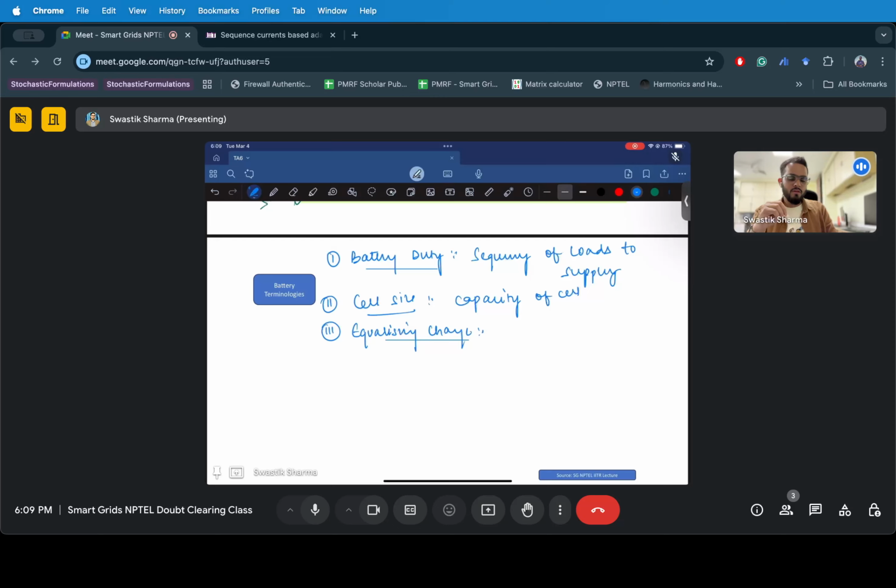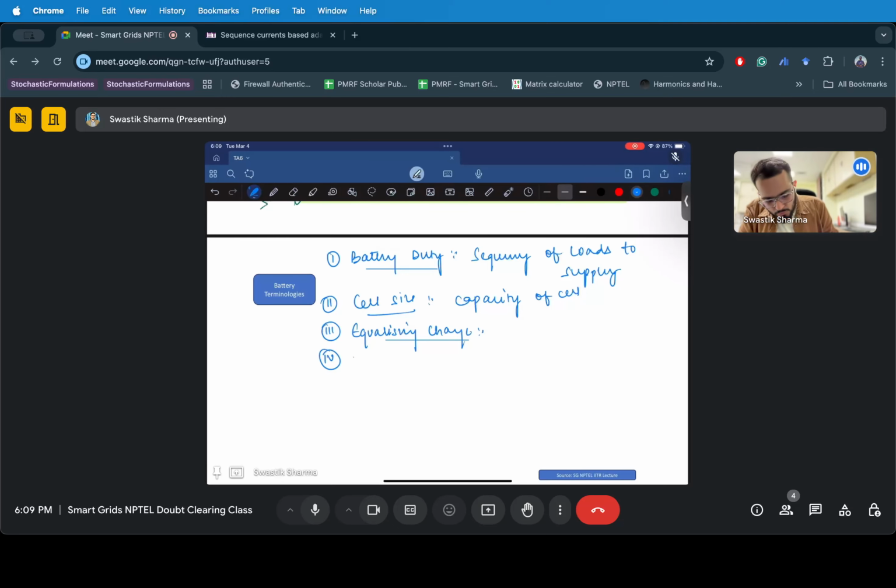And since it's not stored equivalently, the voltages at different cells are not the same across all the cells, right? So what you can do is make sure that all of the cells are balanced, they have equal charge. You correct the inequality by operating it at a voltage level which is greater than its nominal voltage level, right? And that is called equalizing of the charge, where you equalize the charge across all the cells.